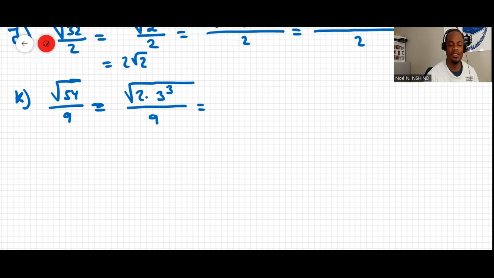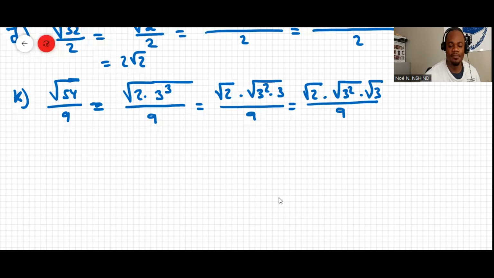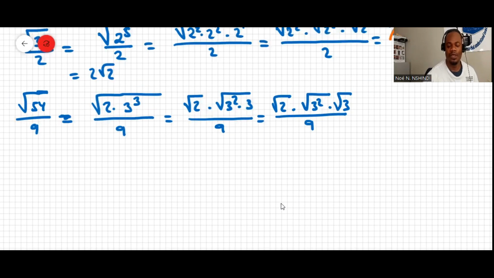Now we can write root 2 multiplied by root of 3 squared multiplied by 3, that makes 3 to the power of 1, over 9. And then we can simplify further. This is root 2 multiplied by root 3 squared multiplied by root 3 over 9. Over here, the root and the power of 2 cancel out.